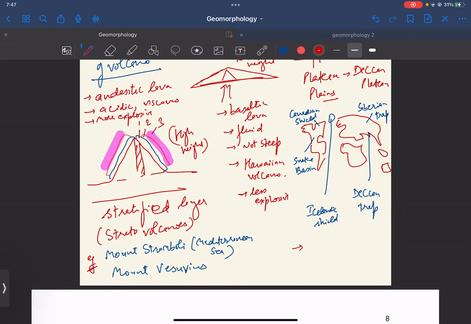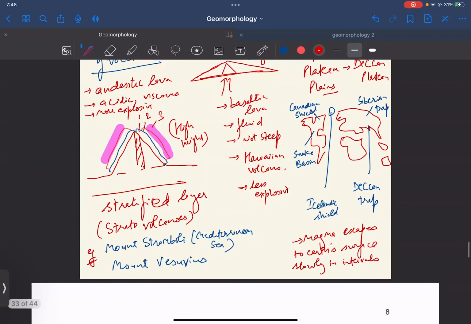So basically in this, magma escapes to Earth's surface slowly in intervals, right?